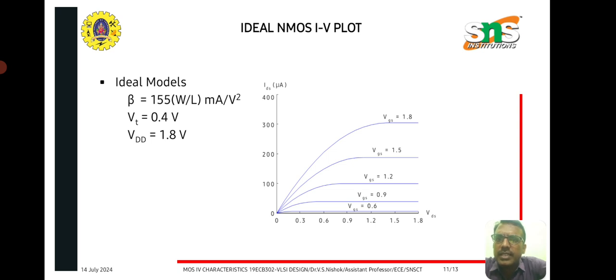After attaining a certain stage, that is after reaching the active region, it starts to stay constant. There is no increase in the current. That is shown clearly in this plot.